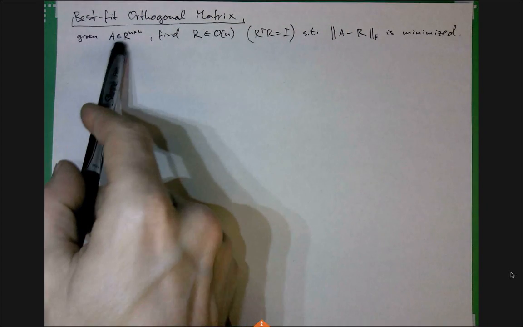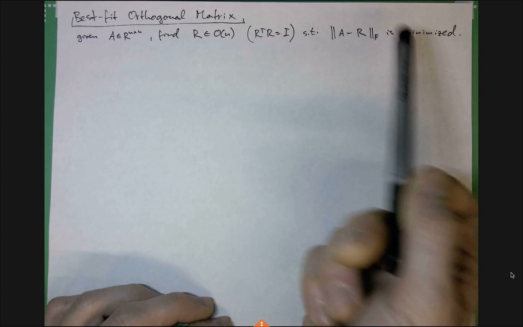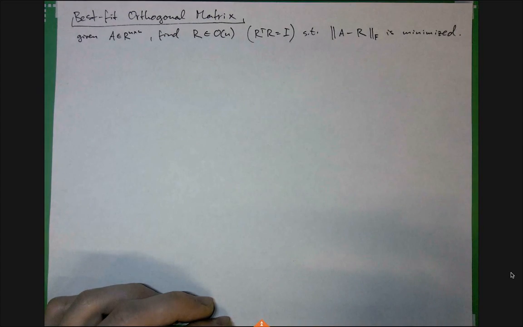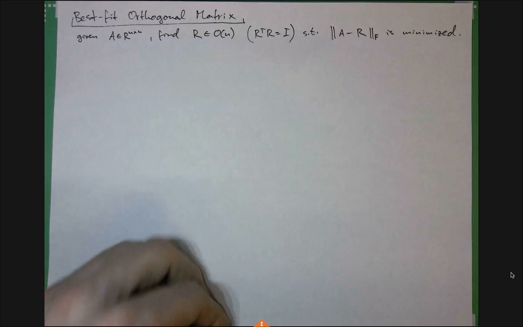Of course, if A already was orthonormal, then the solution is trivial, right? Then just R equals A. But the point is that A can be any matrix, so it probably won't be orthonormal. And we want to find such a matrix R that's closest to A but is orthonormal.